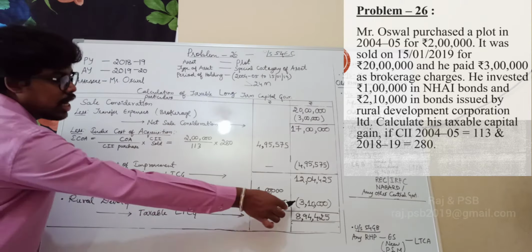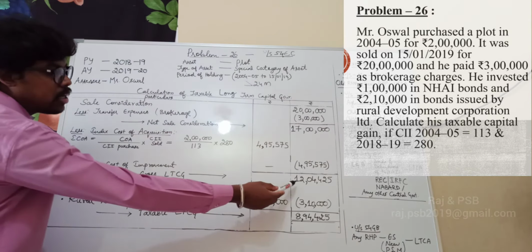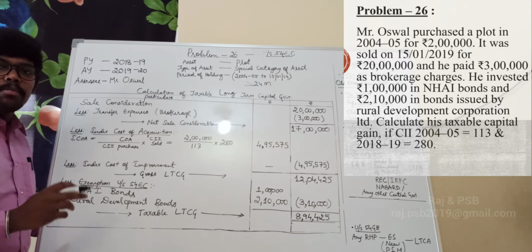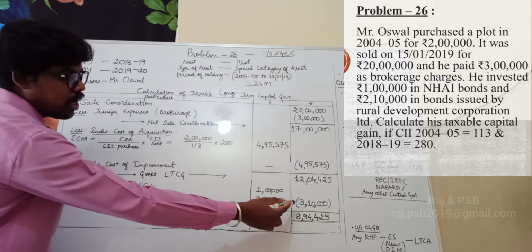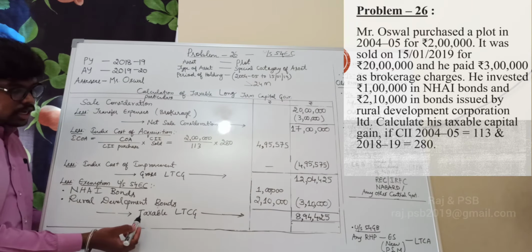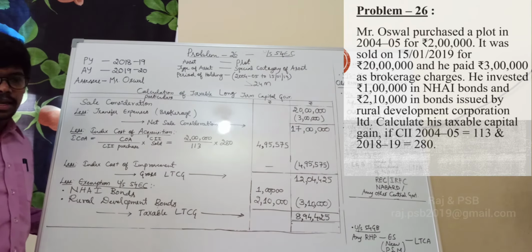So total 3,10,000 will be deducted from 12,04,425, and there is no capital gain scheme deposit, so we will not consider that. So total 8,94,425 is treated as taxable long term capital gain.